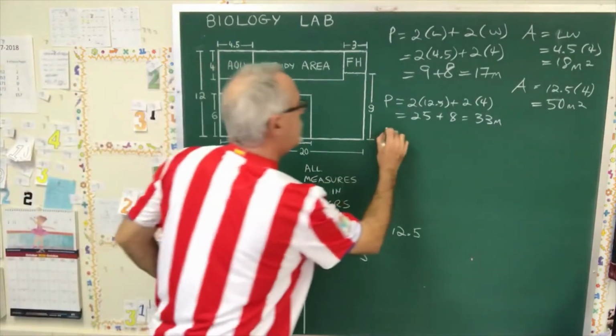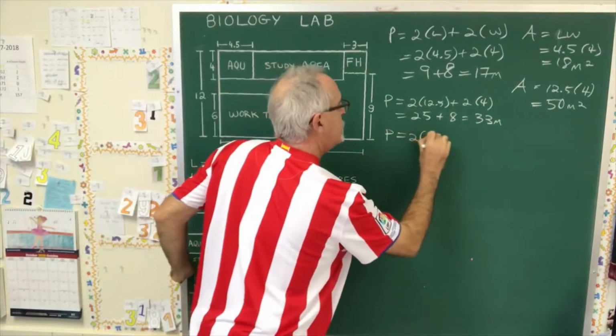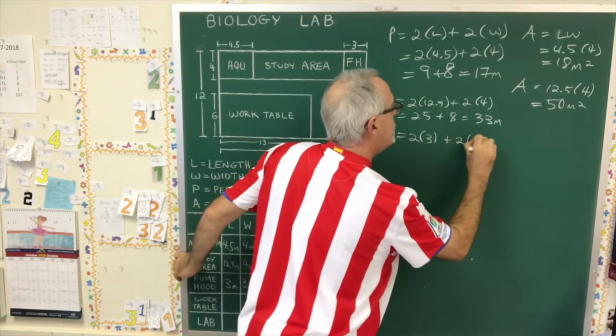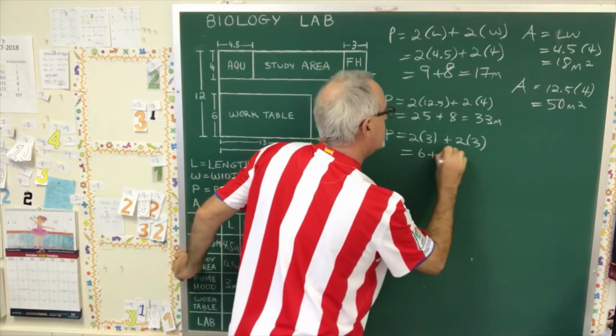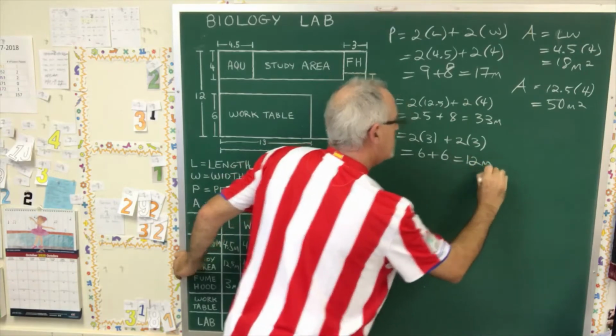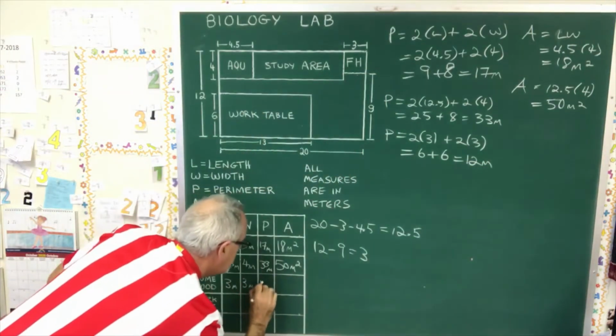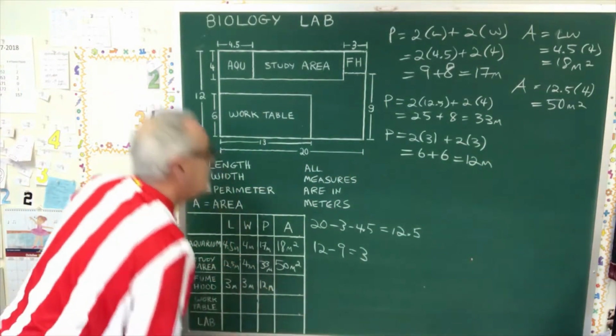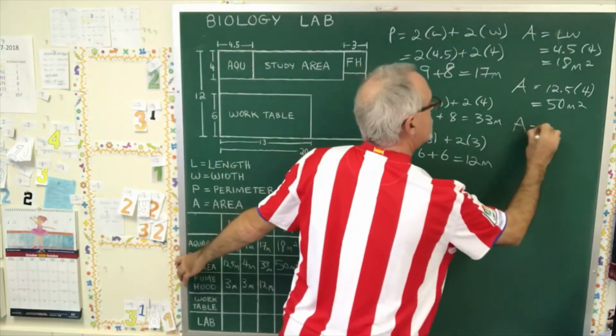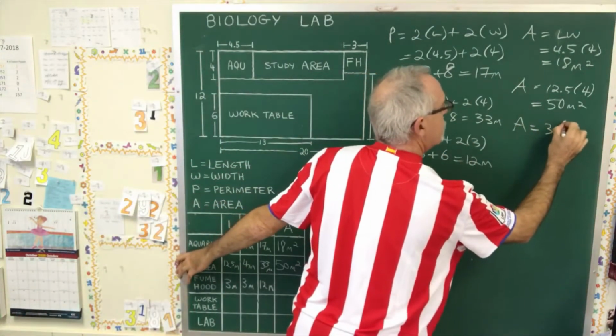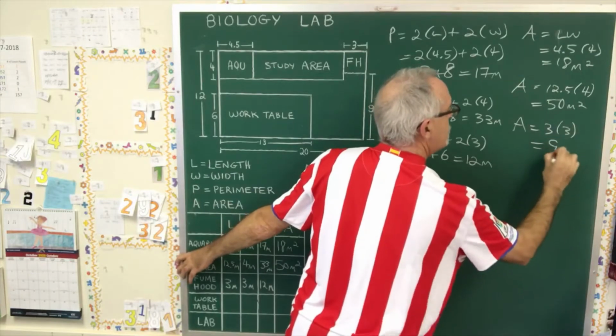Then the perimeter is going to be 2 times 3 plus 2 times 3, which is 6 plus 6, which is 12 meters. Put that in its place. And the area is 3 times 3, which is 9 meters squared.